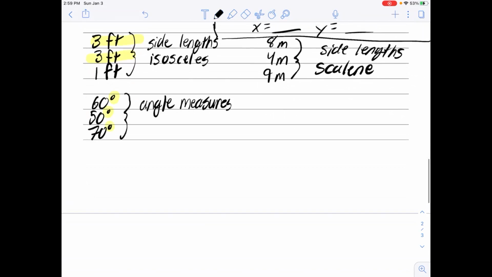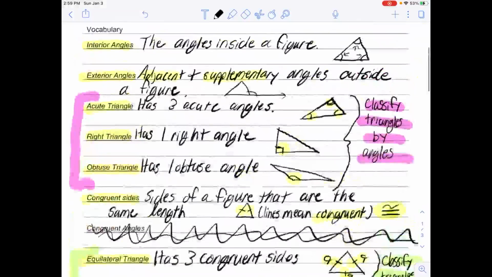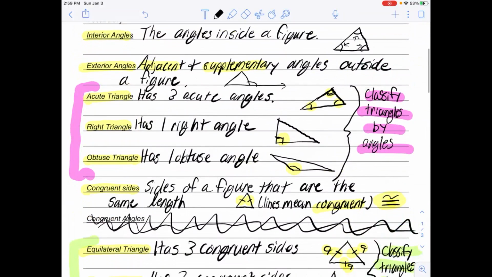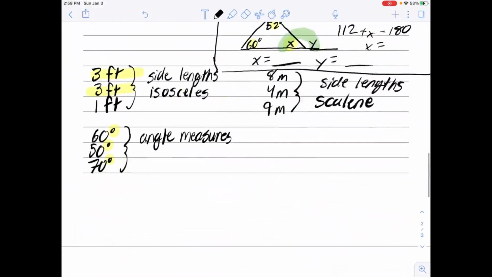So now we need to go look up and find our angle measures. Angle measures were acute, right, or obtuse. So I want to know, does it have any right or obtuse angles, or are they all acute? Well, 60, 50, and 70, those are all less than 90. All three of them are acute. That means that this is an acute triangle.